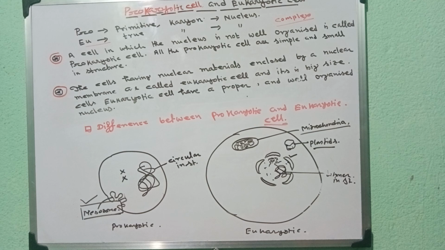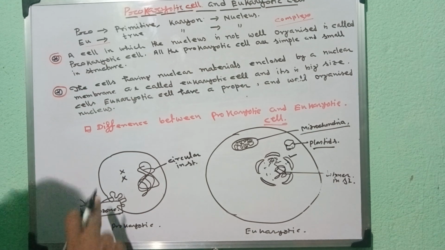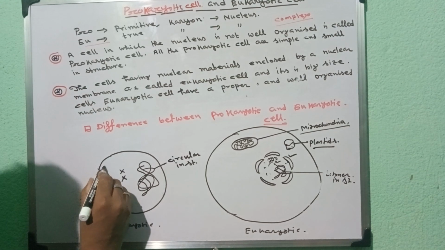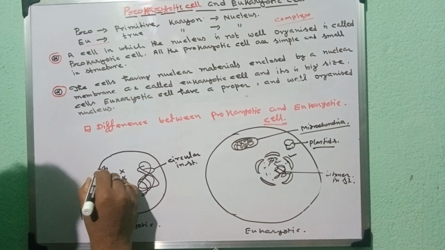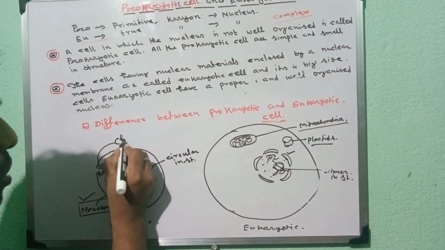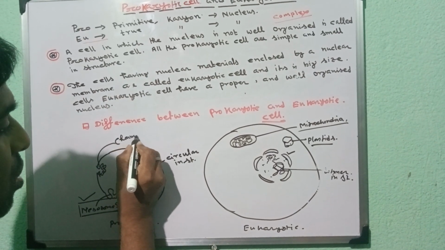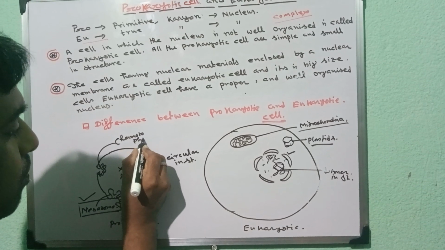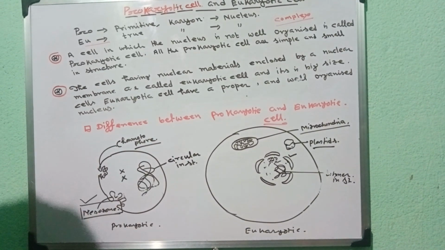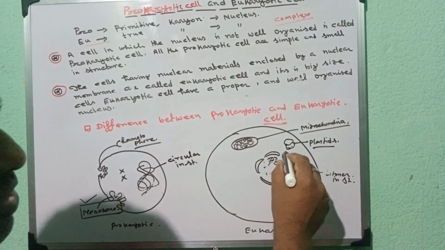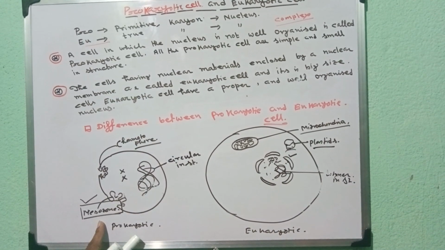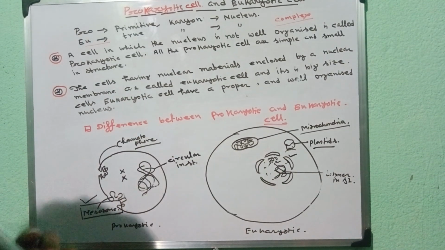In place of the plastid, there is a special structure called the chromatophore, where the membrane is folded. So the chromatophore is present in place of the plastid, and the mesosome is present in place of the mitochondria.